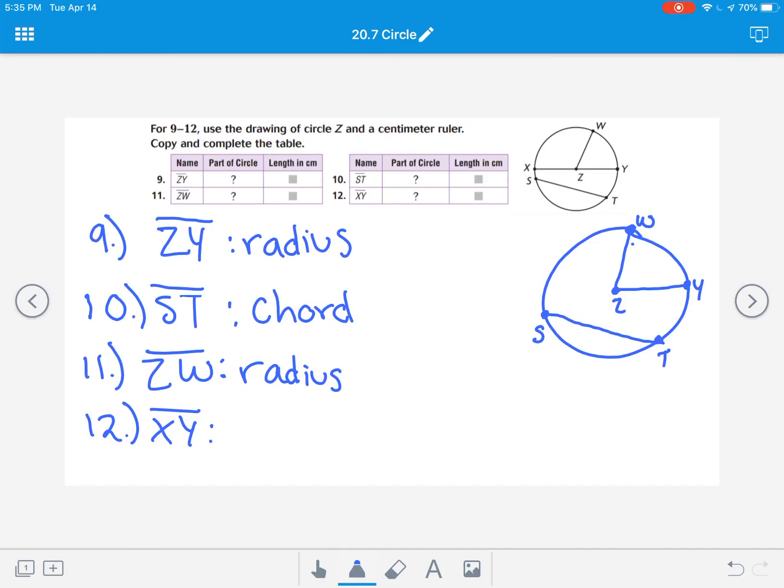So let's expand this part out here. X all the way to Y, the line segment has endpoints on the outer edge, so it's a chord, but it's going through the center this time. So a chord that goes through the center is called, do you remember? The diameter.